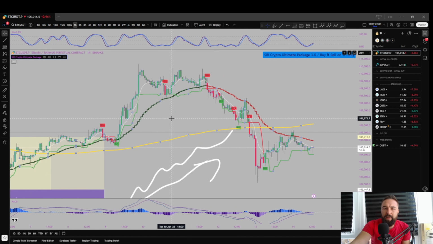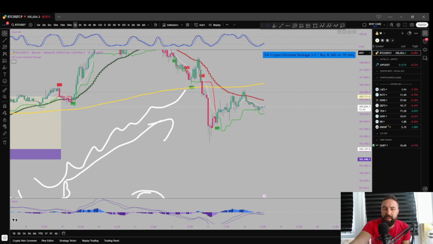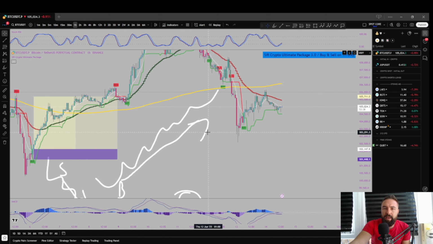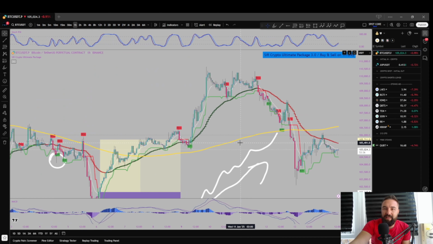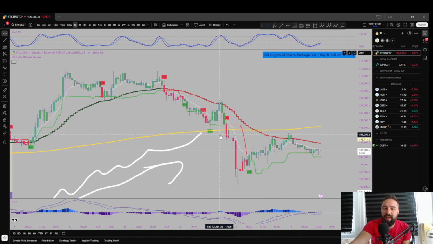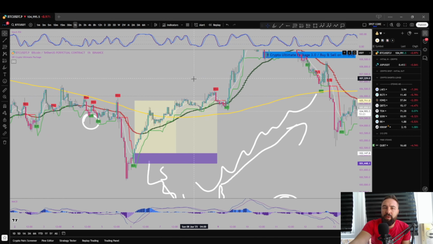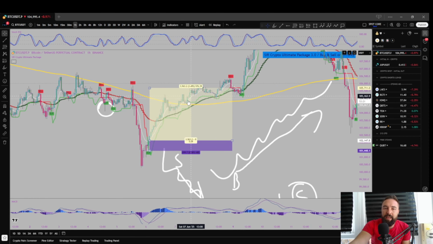So this version, I think combined with the stochastic RSI and the MACD is like, guys, it's working so well. Obviously, you will get like odd signal here and there, okay? So you do need a little bit of knowledge, like I said, the technical analysis.